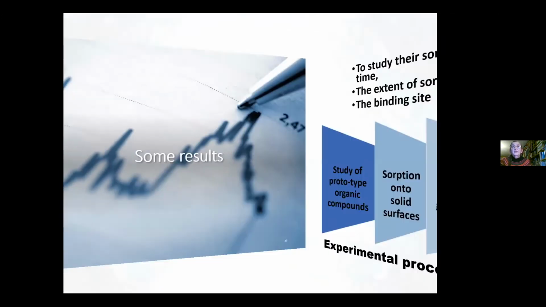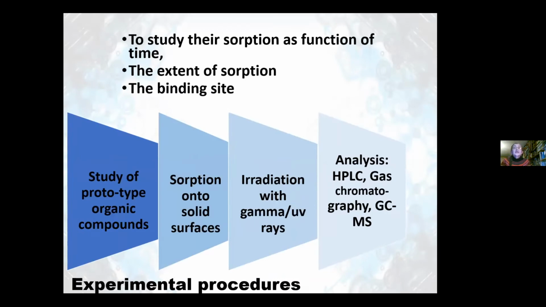So some of the results that we got are the following. First, we need to study the adsorption as a function of time, the strength of adsorption, and the binding sites. The experimental part was divided into the adsorption, the radiation, and the analysis, mainly with chromatographic techniques.